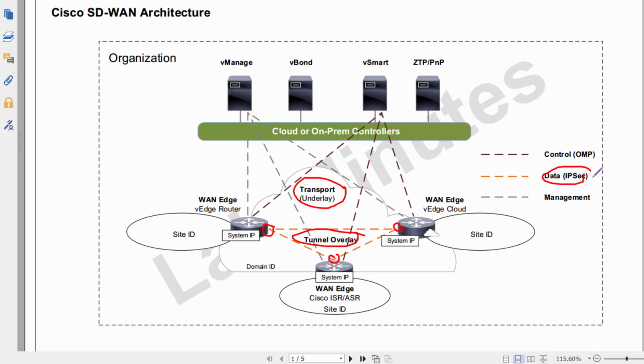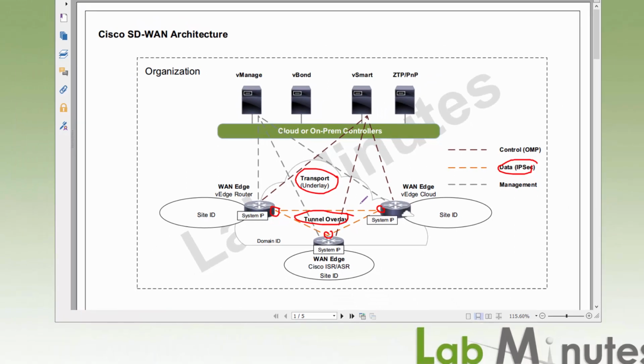By default, the WAN edge devices build a full mesh overlay of IPsec tunnels, as you can see right here, and there's almost nothing that you need to do to bring up these tunnels, because they're negotiated and established dynamically, or automatically, for you by the system.